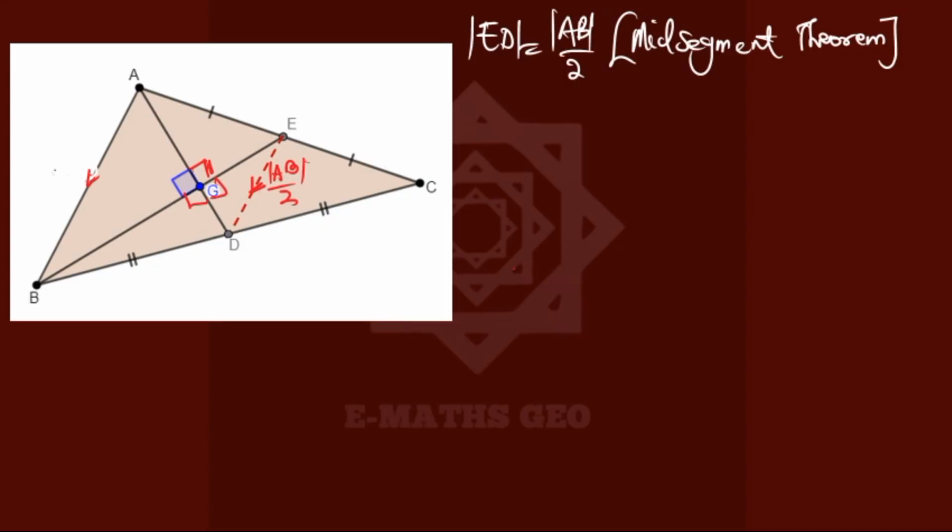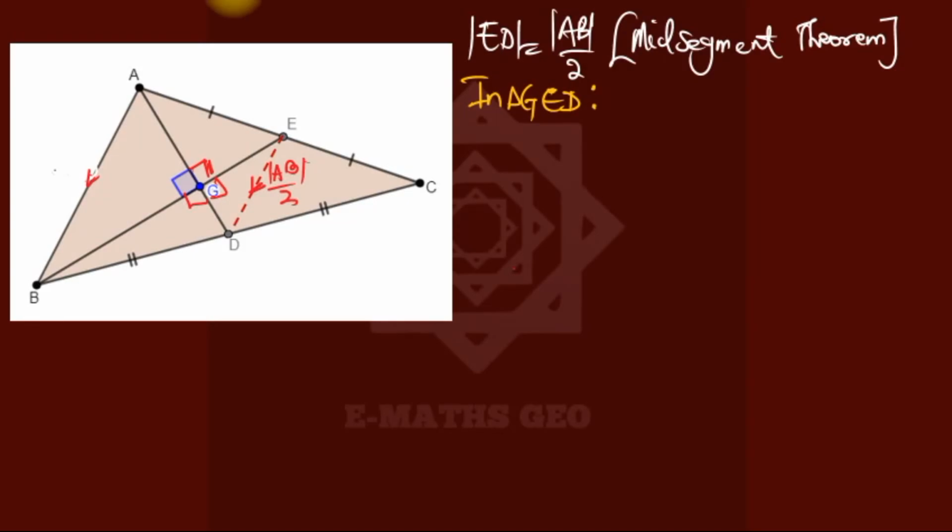So looking at triangle GDE or GED, this is a right angle triangle. So applying Pythagorean theorem. But before then, if you could remember, the centroid is the point of intersection of the medians. It divides the median in the ratio of 2:1.